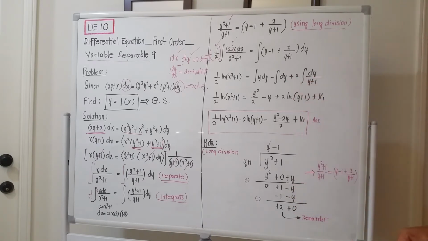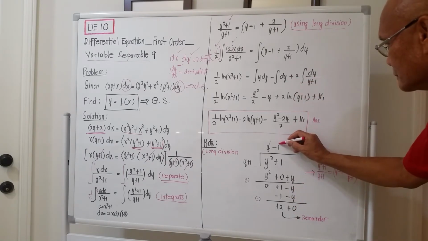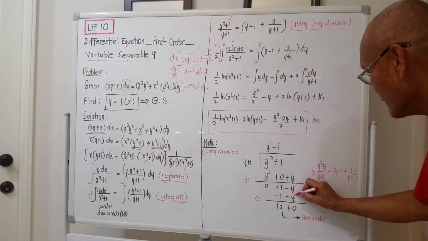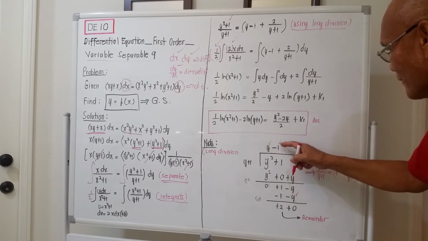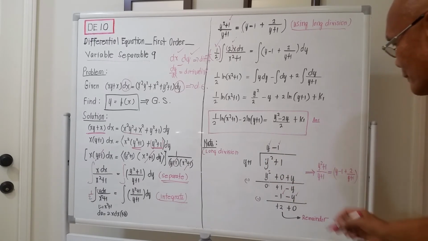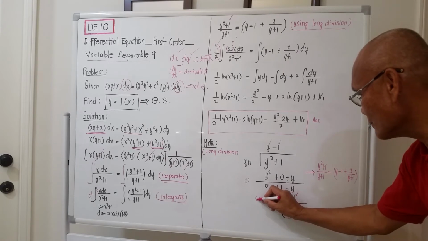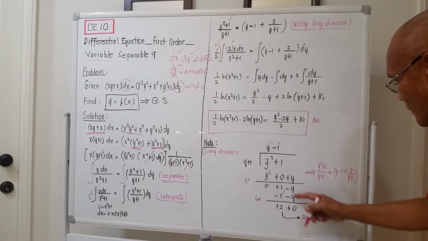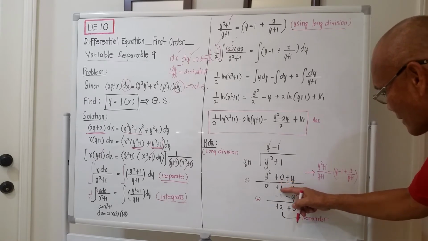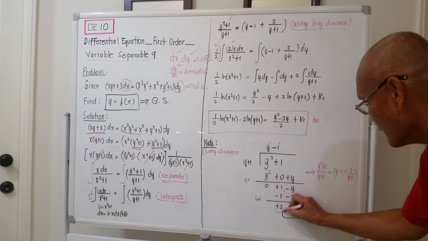And the next dividend will be minus 1. Minus 1 times y will be minus y. Right? A minus 1 times a plus 1 will be minus 1. Then perform the operation subtraction. Okay? Plus 1 minus minus 1, so that will be plus 1 plus 1, that is plus 2.